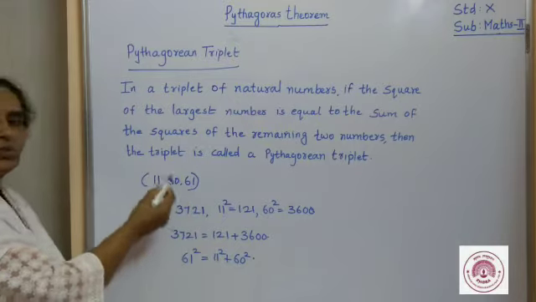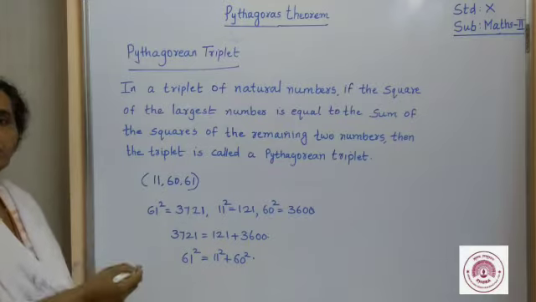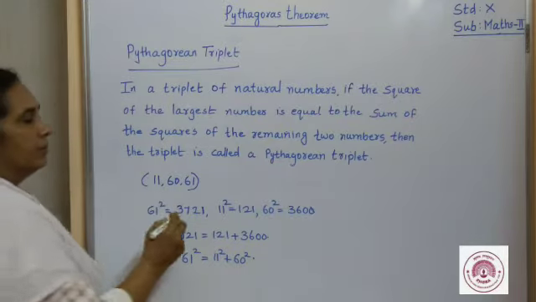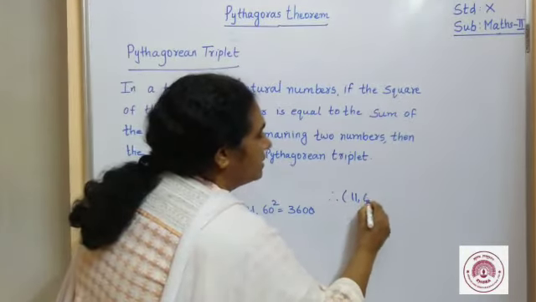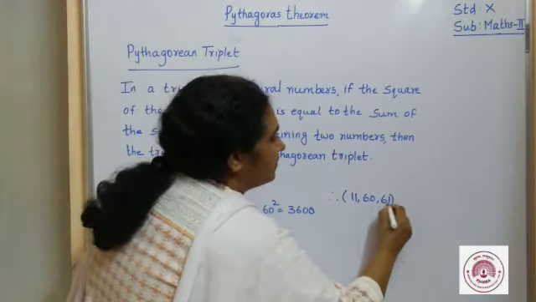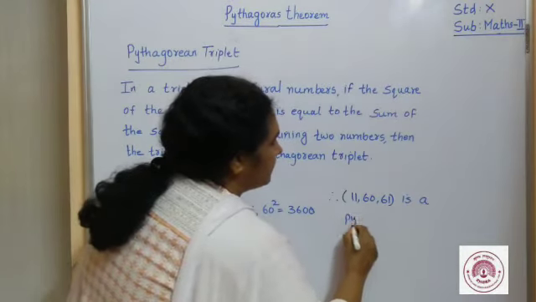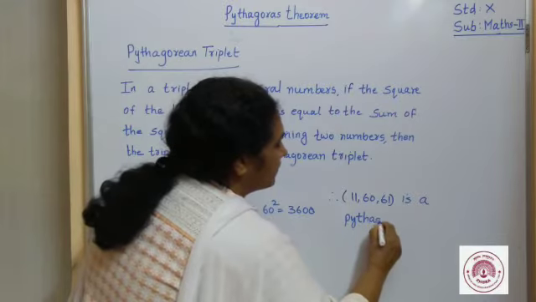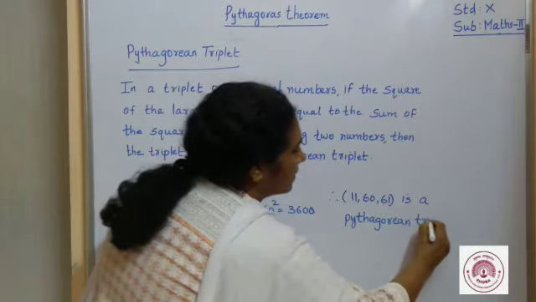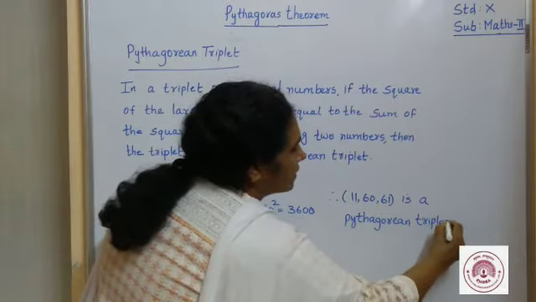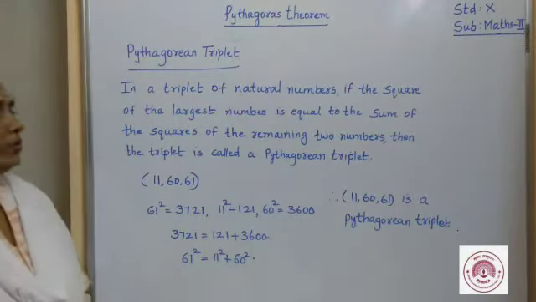Here, the square of the largest number is equal to the sum of the squares of the other two numbers. Therefore, 11, 60, 61 is a Pythagorean triplet. And in a Pythagorean triplet, you can write the numbers in any order.